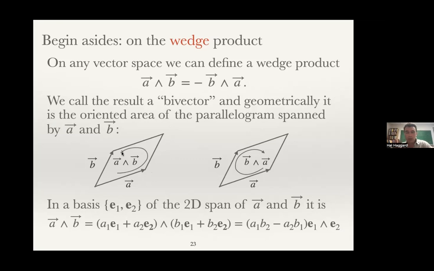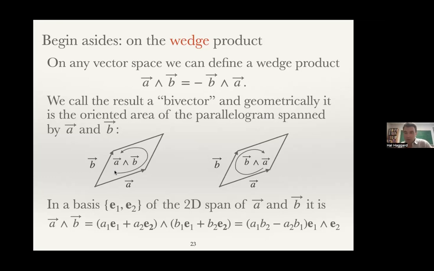If you were learning a cross product, the way we would say this is you put your fingers along A, you curl them towards B, and your thumb points in the direction of the cross product. We're not doing that here. We're not going to use the thumb. The reason is the thumb is intrinsically three-dimensional. You're going into three dimensions as soon as you do that. This wedge product is oriented without going outside the plane of its definition.